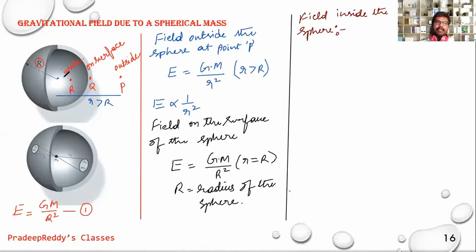So if you are calculating gravitational field inside the sphere, you are at a distance r, like this r. I'll draw one figure here so that it will be very clear to understand. This is the small sphere where you are calculating gravitational field.